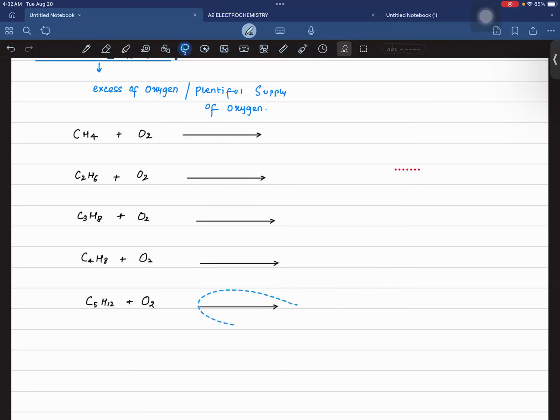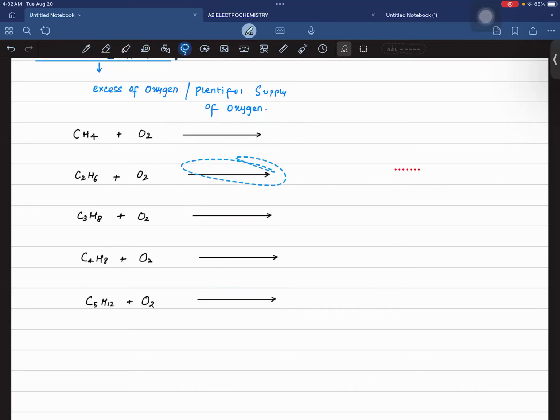So remember, I told you the oxide would be formed. So the oxide of carbon and oxide of hydrogen. Oxide of carbon is carbon dioxide and oxide of hydrogen is H2O.